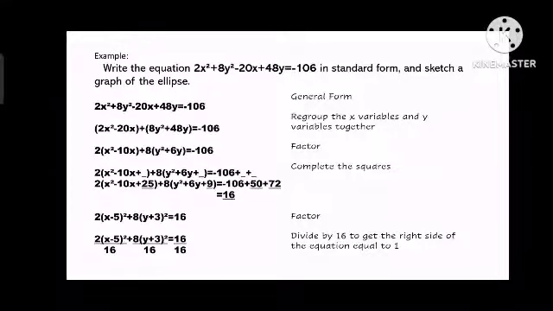So now, we are ready to complete the square. We need to divide the coefficients of the middle terms of both x and y, which are negative 10 and positive 6, by 2, then square the results to form a perfect square trinomial.